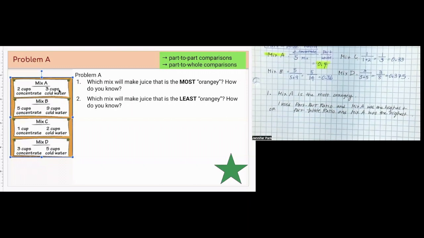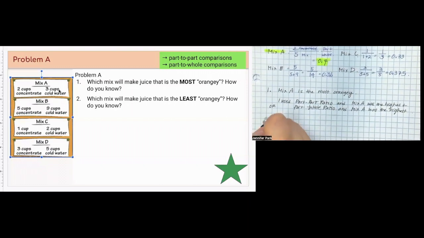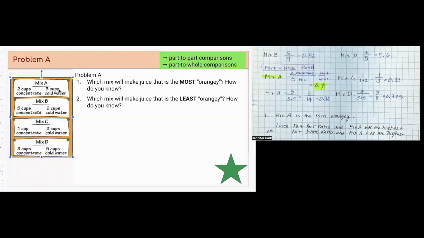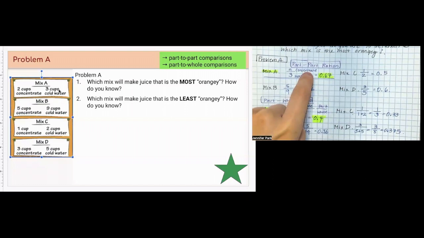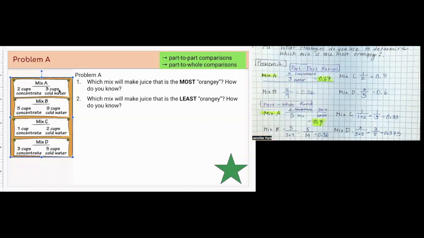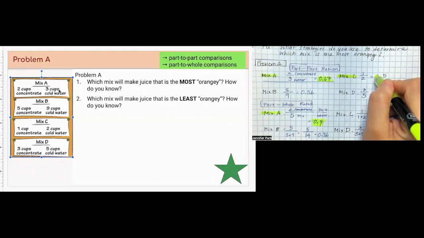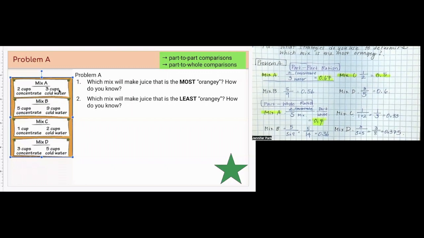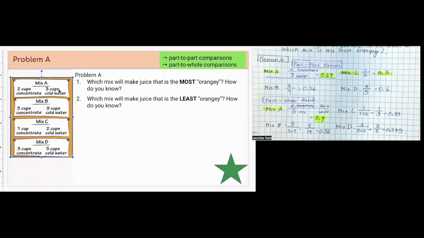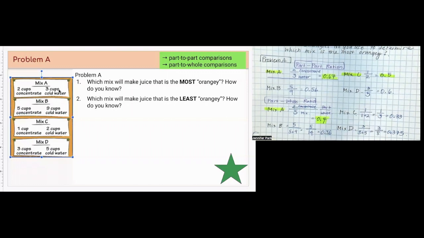Okay, and then the next question, number 2, which mix will make the juice that is the least orangey? Now let's go back. Part to part ratio, when you compare concentrate to water, what was the smallest ratio? Which mix gave the smallest ratio? Mix C, 0.5. That was the smallest ratio. So let's look at part to whole ratio. Same thing.